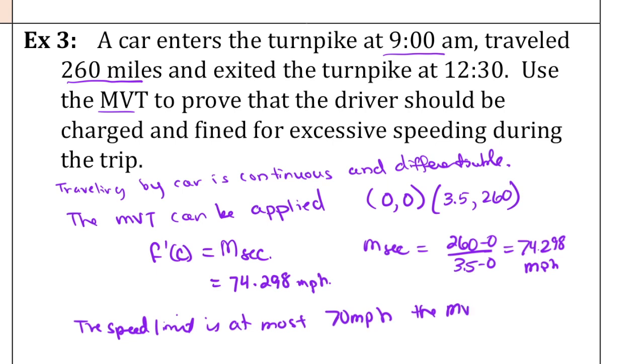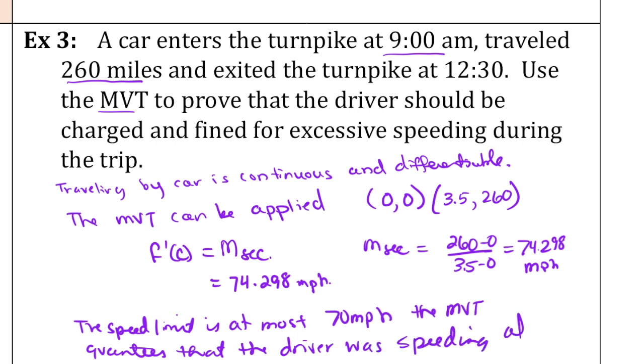The mean value theorem guarantees that the driver was speeding at least once. So all we need to do now is get the state to understand calculus, and we will have a great source of income.